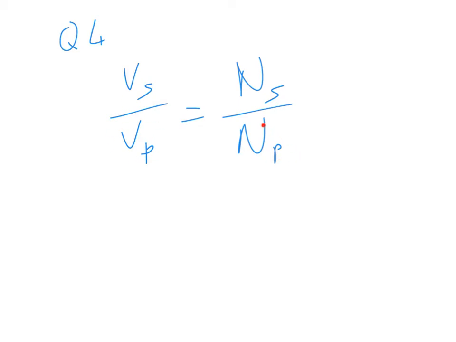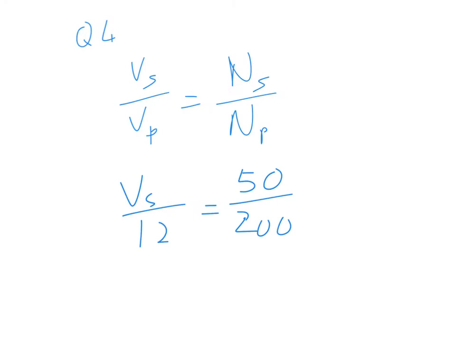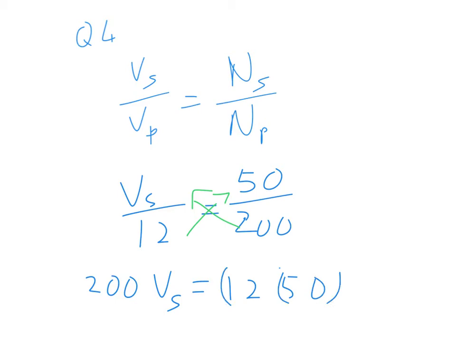So if you go from fewer turns to more turns, you're going to go from less voltage to more voltage, or vice versa. So when you fill your values into the formula, you get this, and you should be able to solve that to get the output voltage. A handy way of doing that mathematically is just to cross multiply. So you'll get 200 times the second voltage equal to 12 times 50, and you can solve from there.